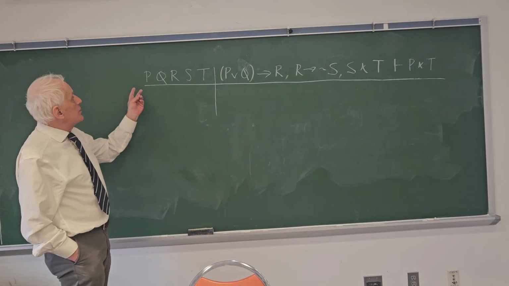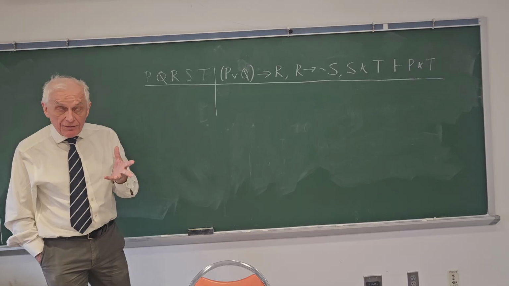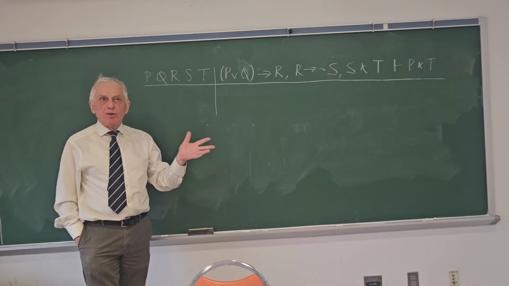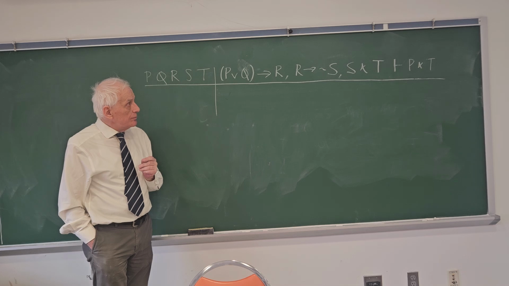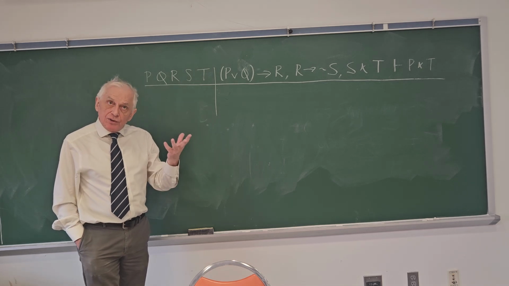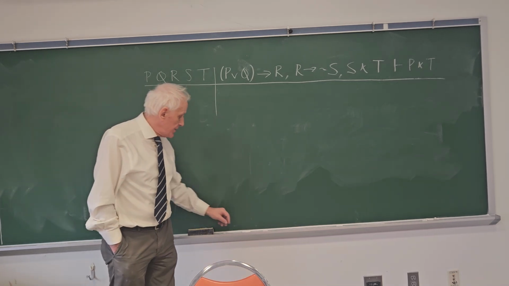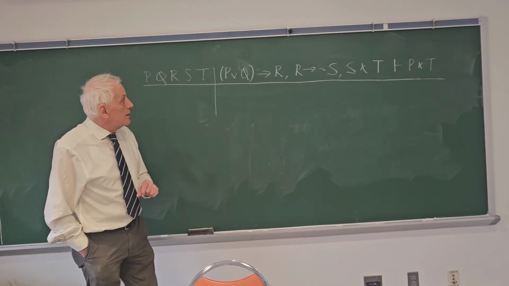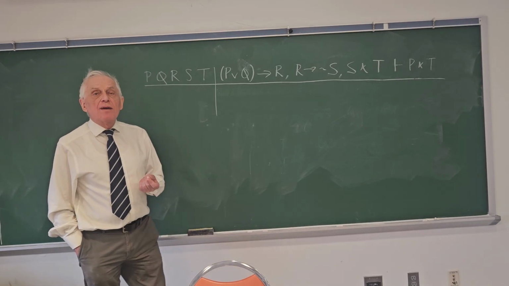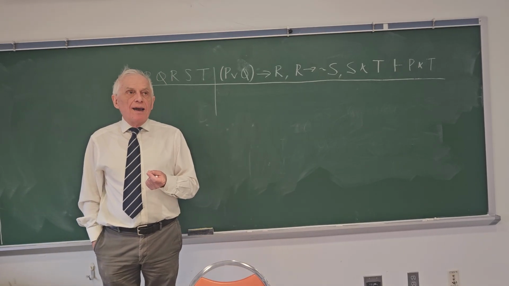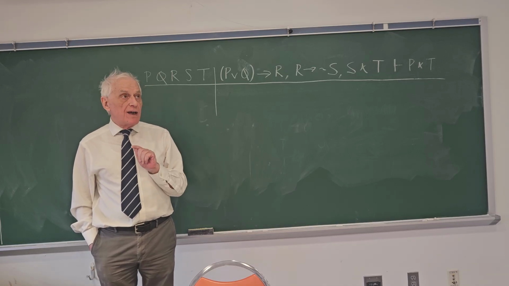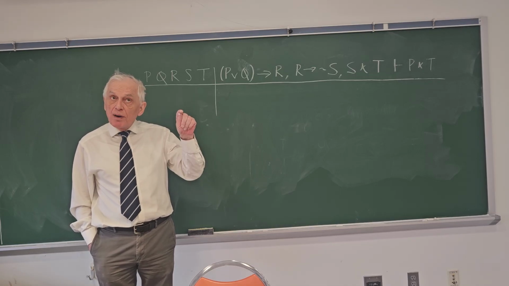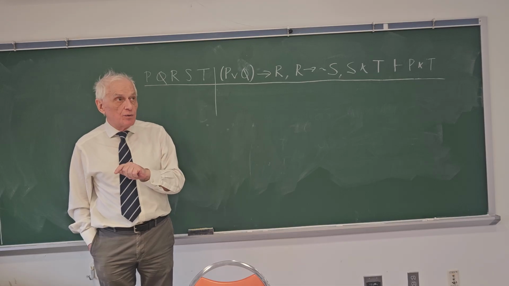And now, how many atomic sentences do we have? 5. So the whole table will have 32 lines, because 2 to the power 5 is 32. So we could do the whole table, and then after we've finished it, go through each line and say, is this a line on which the premises are true and the conclusion is false?